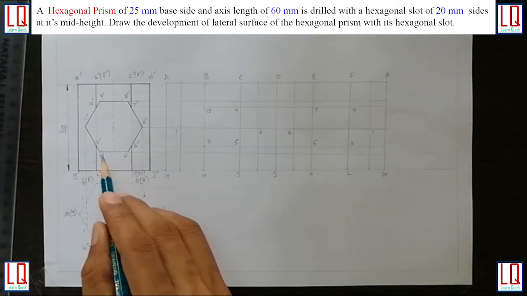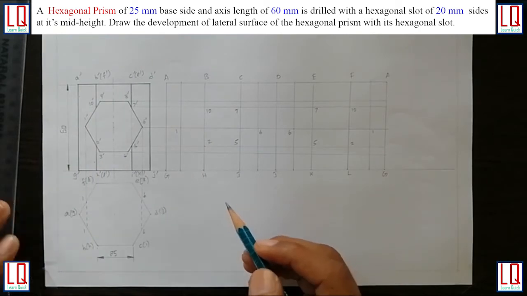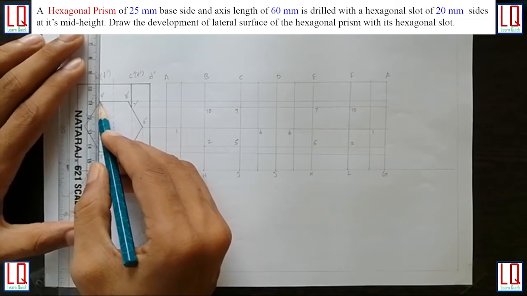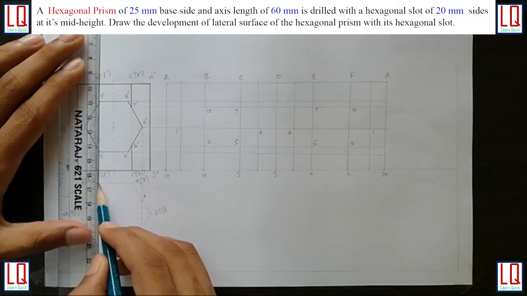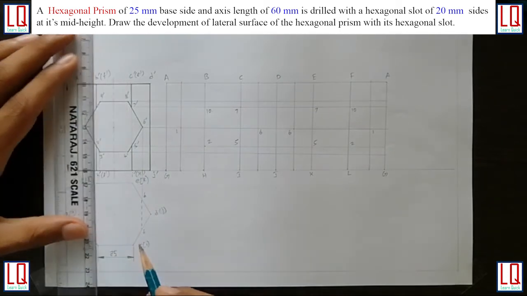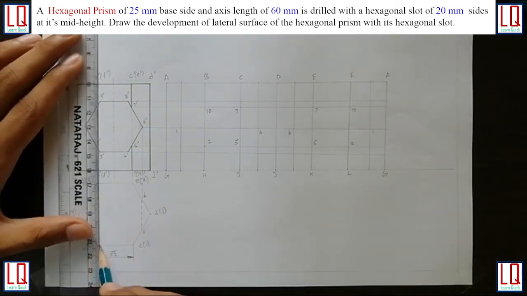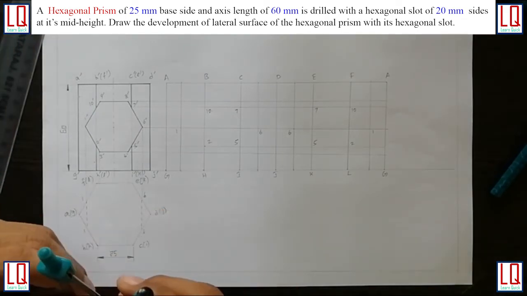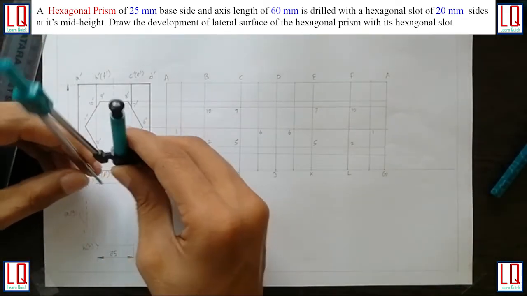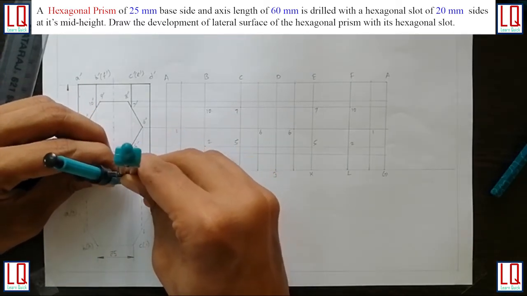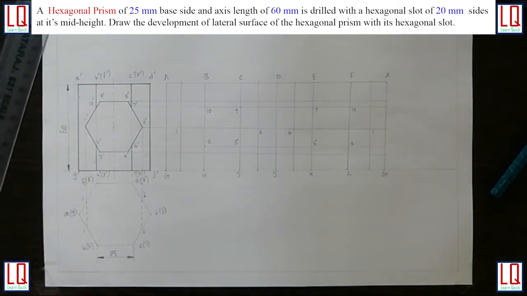Okay, a few more points. 8, 9, 3 and 4 I have to mark. To do this I have to bring these points down. Now with the compass I need to measure this distance. It will be the same on all the sides.